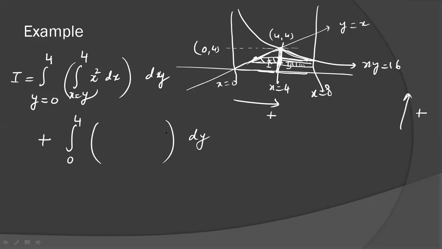Let's draw it again. 0 to 4 is not right, actually, this coordinate was 8, 2. It means y is from 0 to 2 plus y is from 2 to 4. Why am I writing this? You have 3 strips now because the head is changing. I'm cleaning it and drawing again.